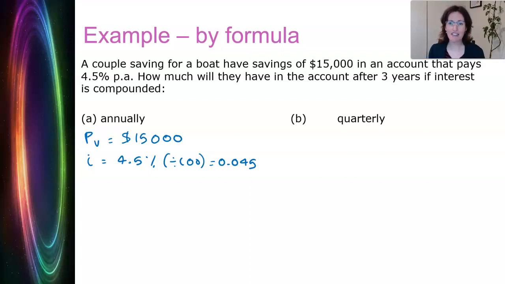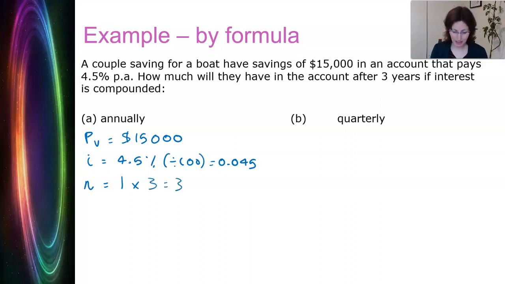How much will they have in the account after 3 years if interest is compounded annually? So that's for part A. So this is our n now. And so we look at how often. The first one is annually. As you can see, part B is quarterly. So if annually, how many times a year does that happen? Once per year. For how many years? 3 years. So our n is going to be 3.